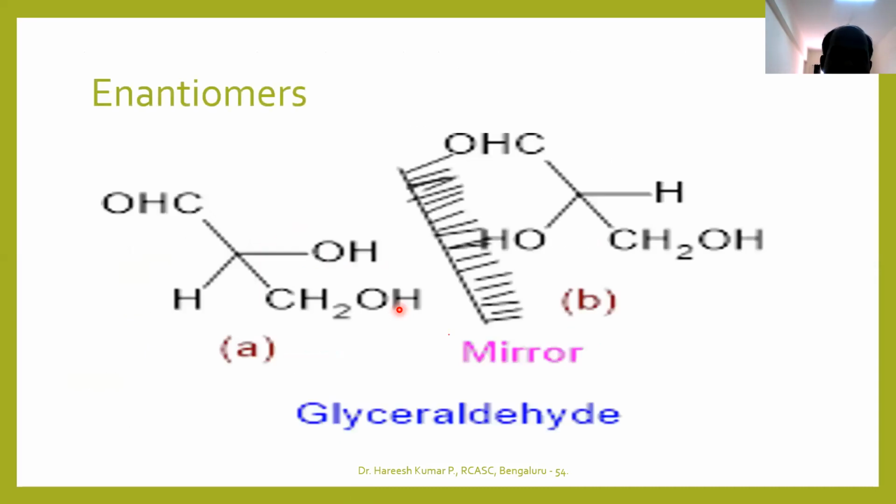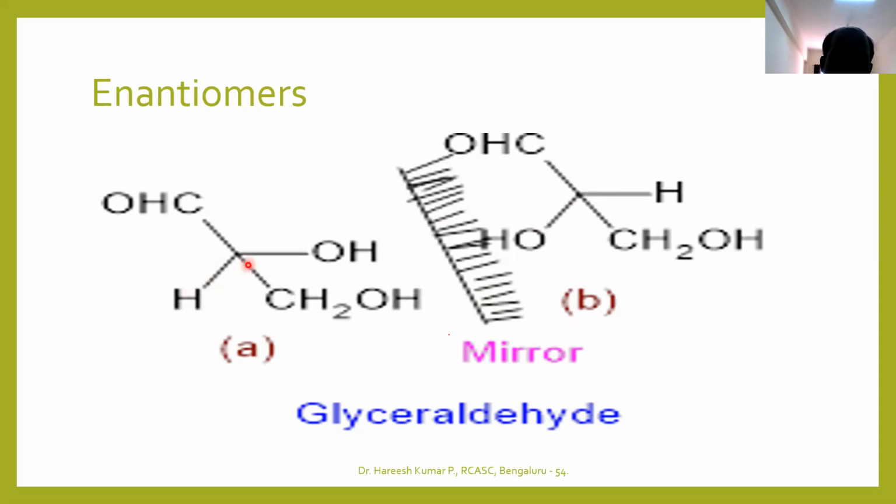In the next slide, I am taking only one chiral carbon, more particularly glyceraldehyde. You can observe that this is a chiral carbon atom. When you look into the mirror, this will be the mirror image. When you take this moiety like this, this hydroxy will come over here.